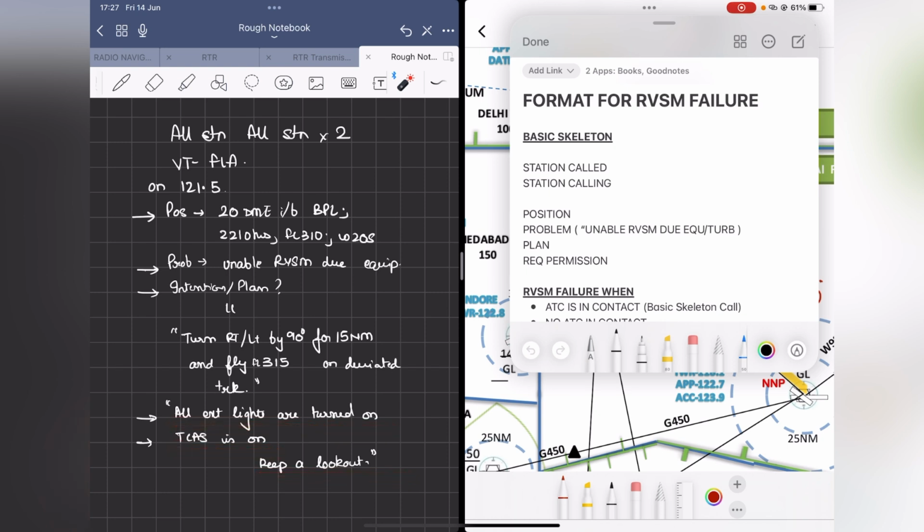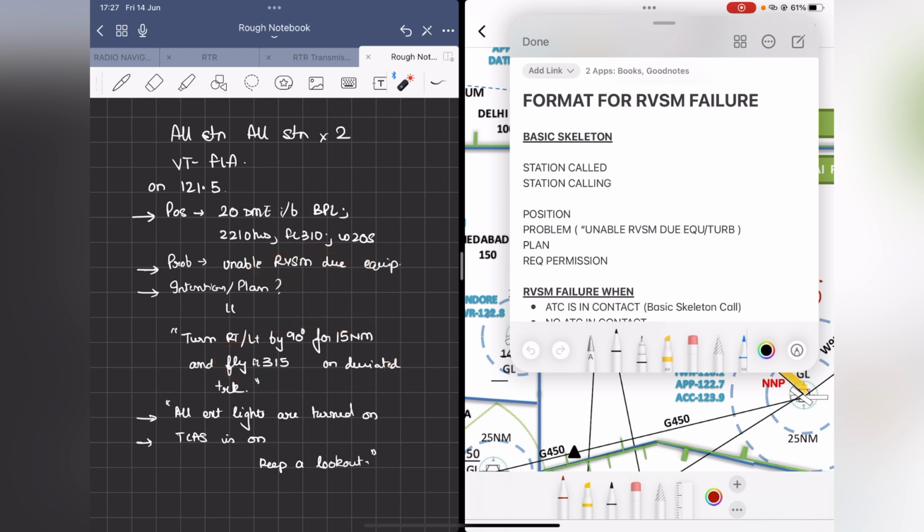Very straightforward. Always remember you're just talking to the other aircraft, right? You want to give them all the information that you think is necessary. We learn the formats only to help us remember what all has to be covered. So you're going to call the other aircraft, introduce yourself, and then tell them everything as if you were talking to an ATC. What's your position? What's the problem you're facing? And what is your final plan?